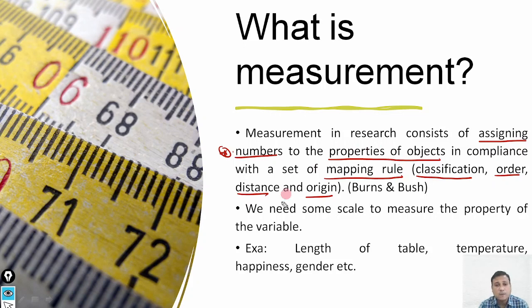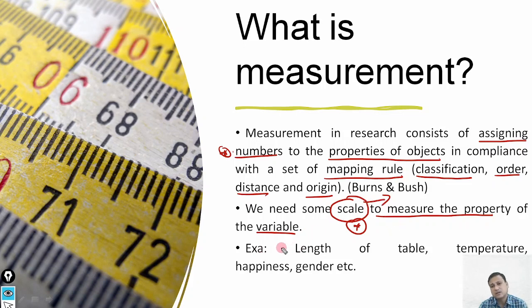So how do we measure the property of a variable? To measure the property of a variable, we need some scale, and this is very important. We need some scale to measure the property of the variable, and what are the different types of scale that we use, we are going to explain in this lecture.